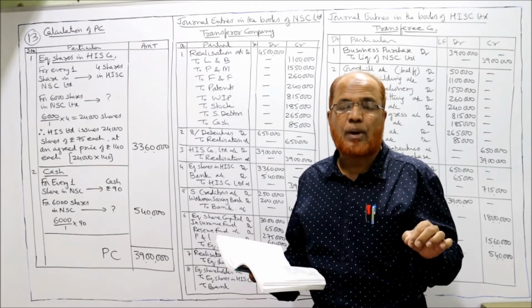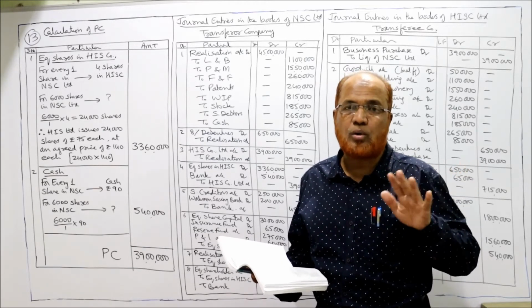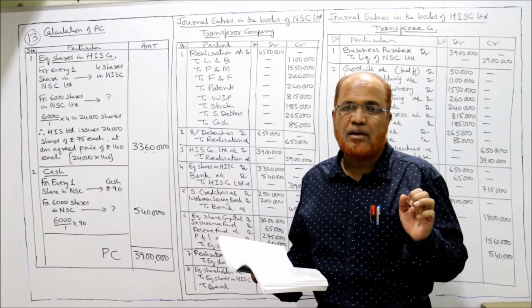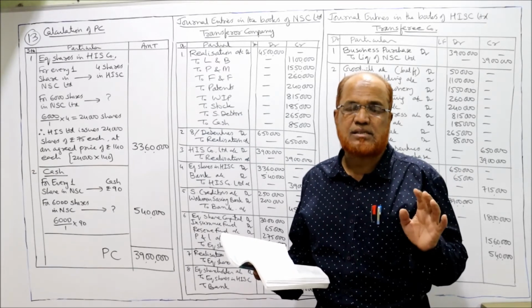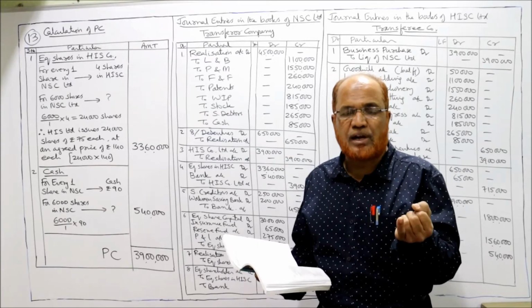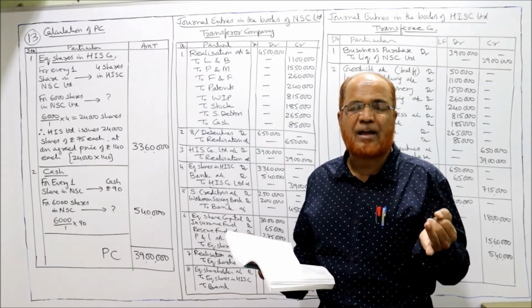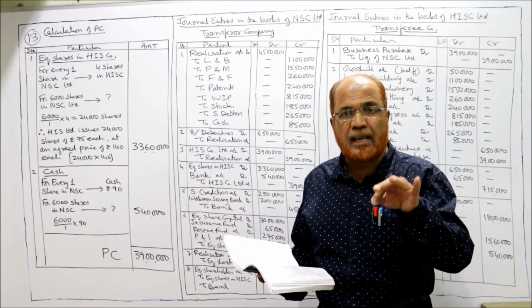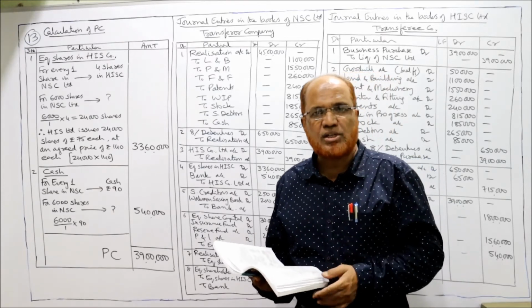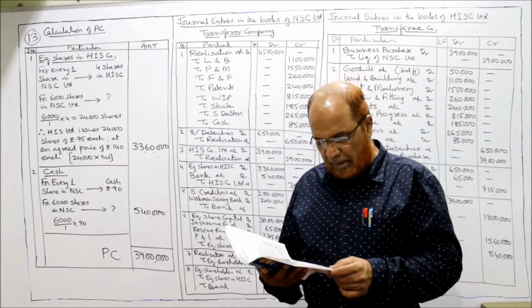But it is given in the problem that Hindustan Limited is not going to take over the liabilities, it is going to take over only assets. तो फिर ये दो लायबिलिटीज, सन्ड्री क्रेडिटर और वर्कमैन सेविंग बैंक अकाउंट, ये दोनों को एनएससी खुद पे करना. National Steel Company should pay these two liabilities.